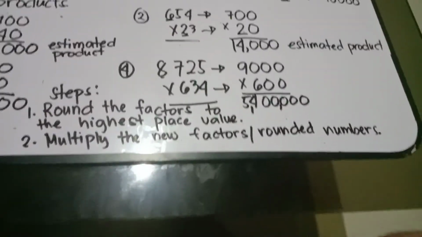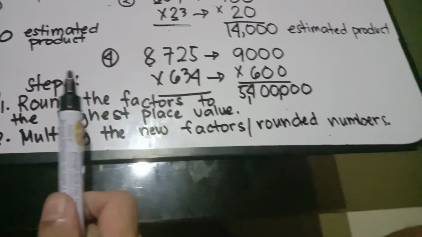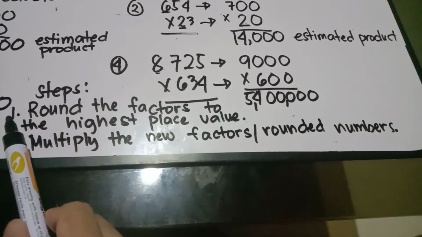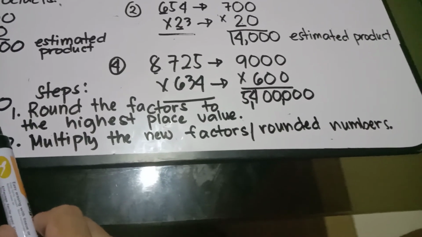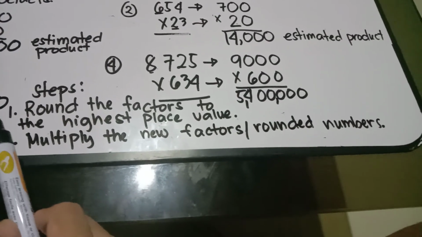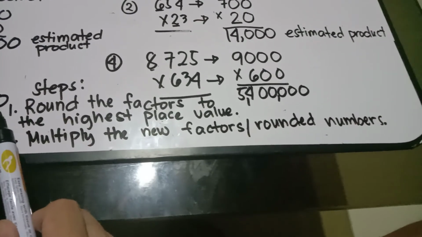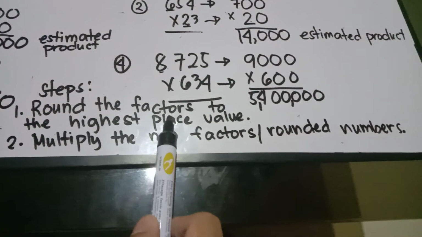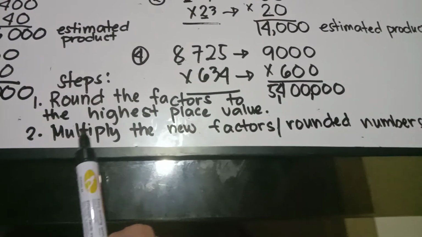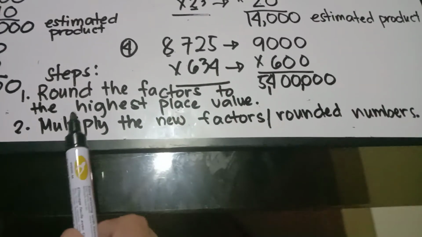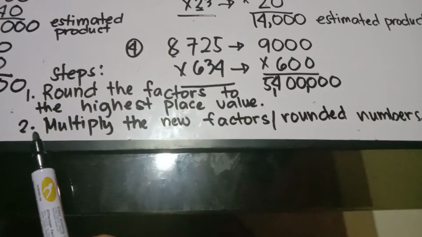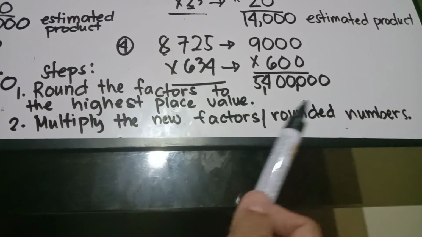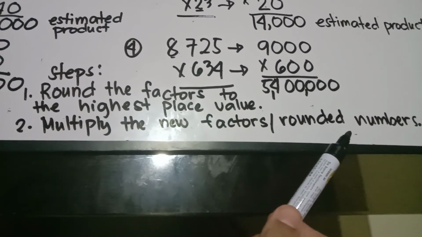So again, in estimating the products, meron po tayong dalawang steps na kailangang tandaan. The first step is we are going to round the factors to the highest place value. Number 2, multiply the new factors or the rounded numbers.